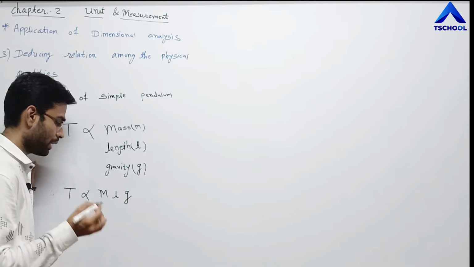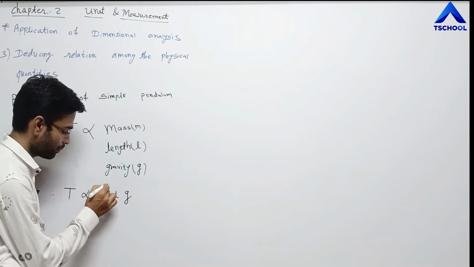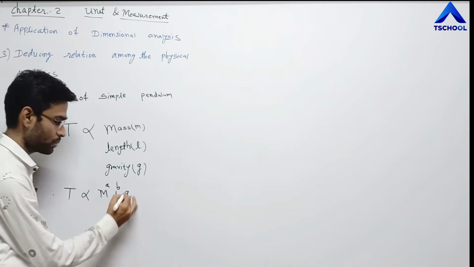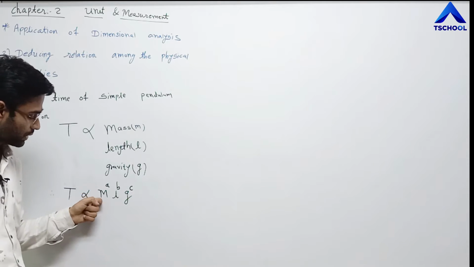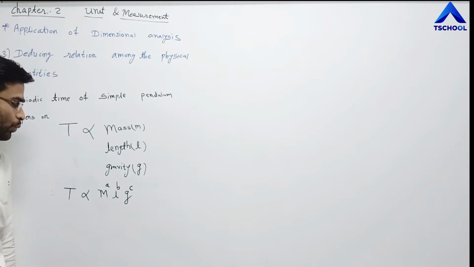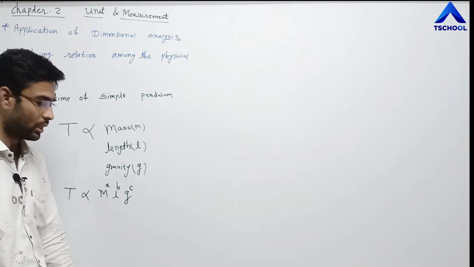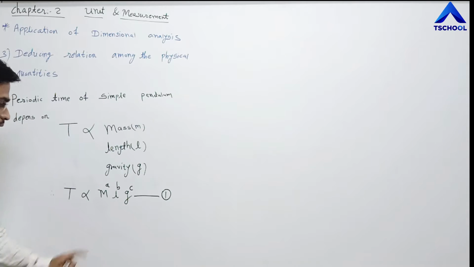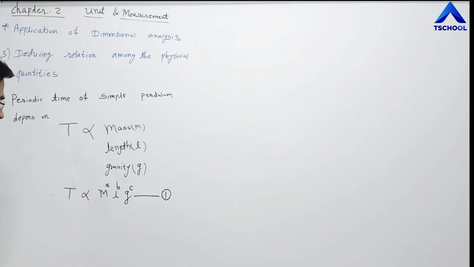Initially we don't know the powers of these three physical quantities. So T is proportional to m raised to a, L raised to b, g raised to c. Now we have to find the values of a, b, and c and substitute those values in this equation, say equation number 1.